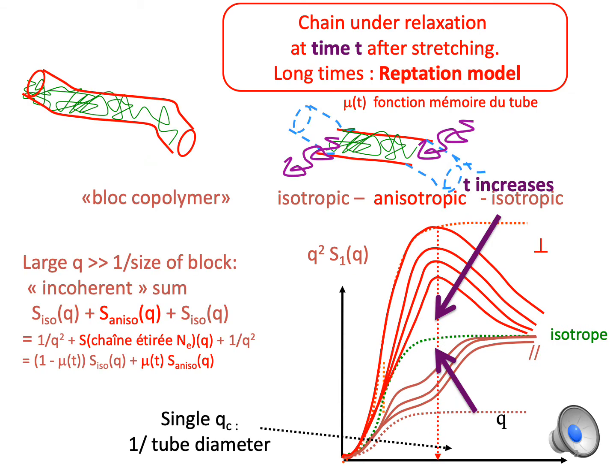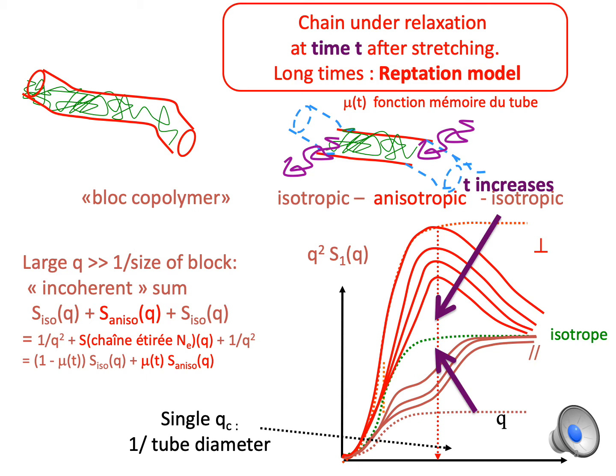Now, those who know polymer physics also know that eventually, at large relaxation time for long chains, the Rouse model is replaced by the reptation model, in which, as you can see in the sketch above, the chain remains trapped in a tube due to the other chains in its middle.